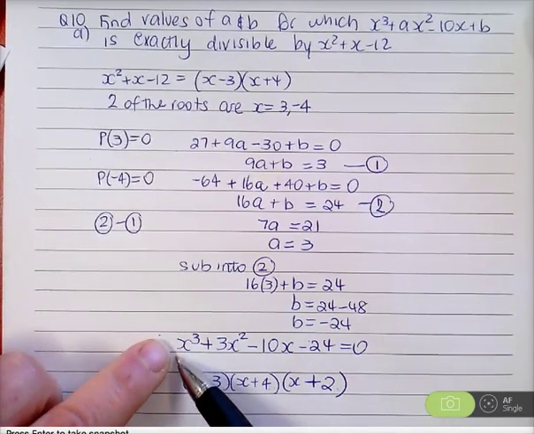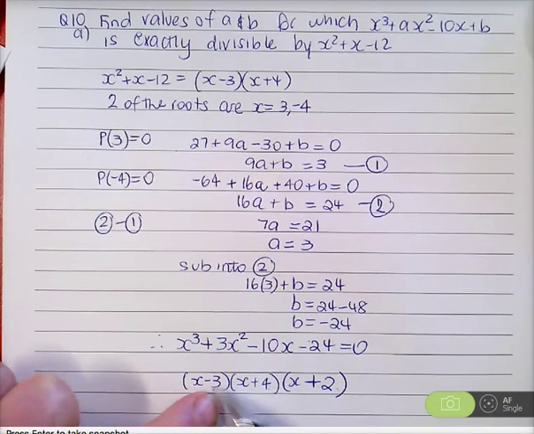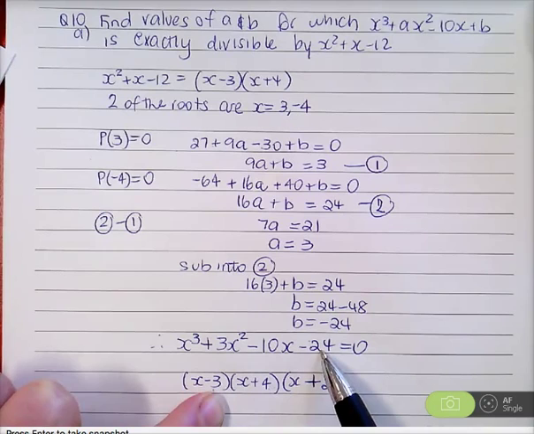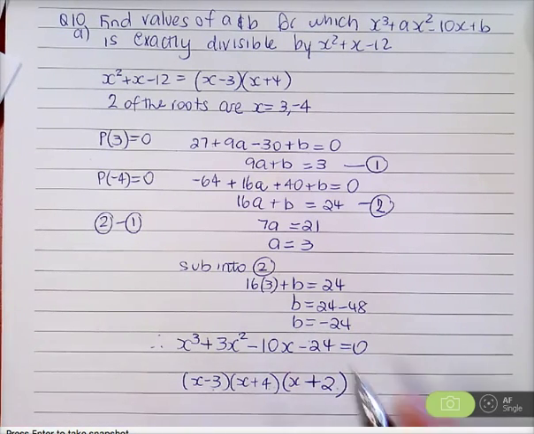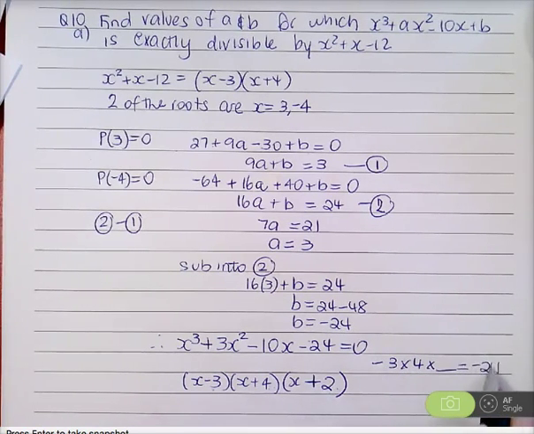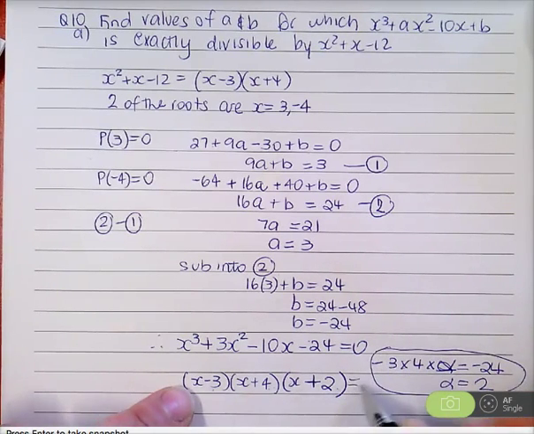What you do, check that it's monic, and if it's monic, you just multiply the 3 constants. That's the only way you'll get that last term. So negative 3 times 4 is negative 12, and times it by positive 2, you get negative 24. So we've got negative 3 times 4 times something is negative 24. I'll call it alpha. So the last root is positive 2. So that's the factorized form.